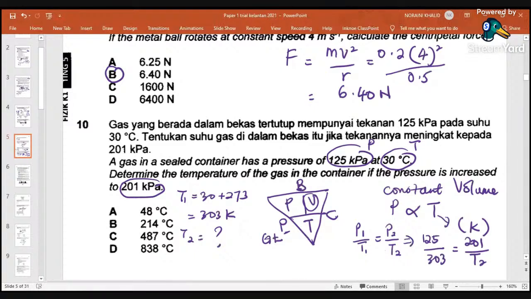You will get T2 equals 487.2 Kelvin. Since the answer is given in Celsius, you need to minus 273.